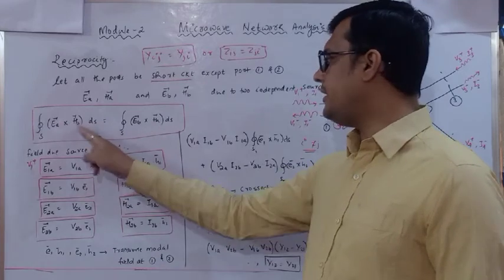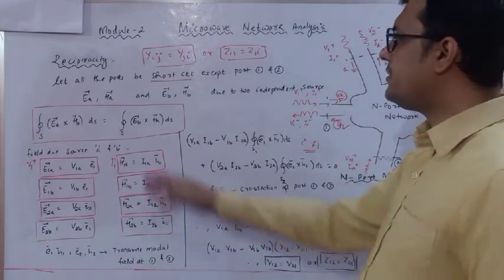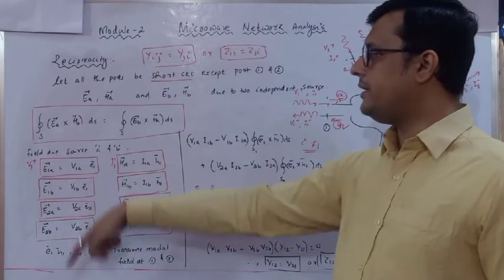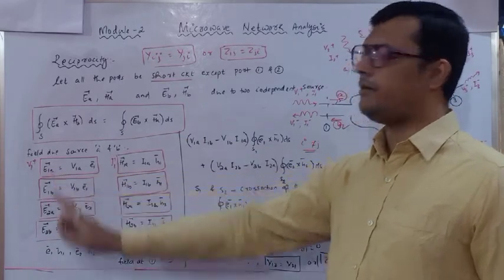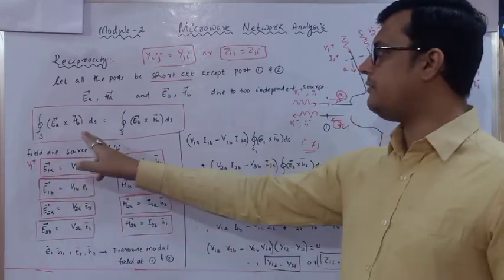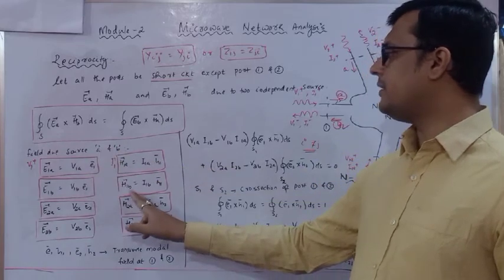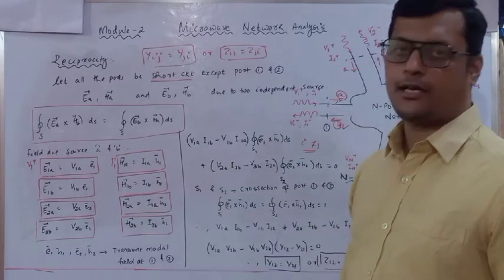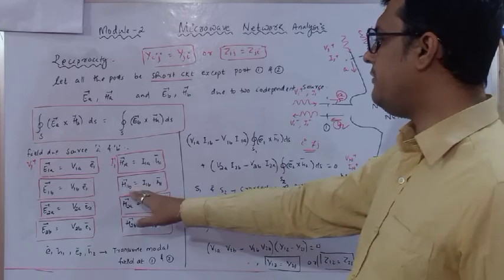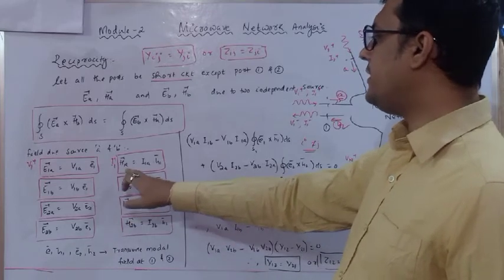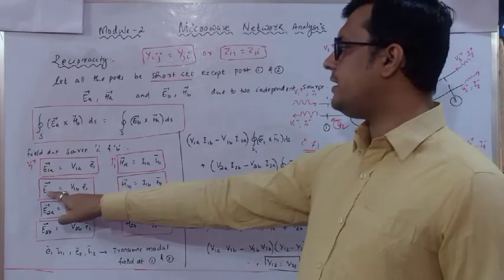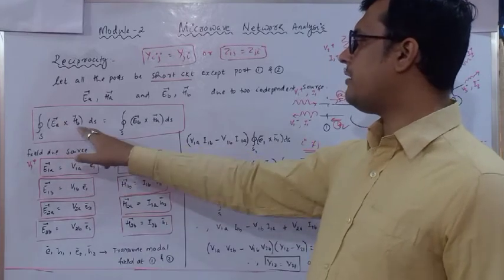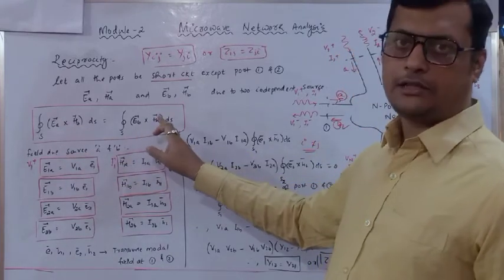Now here, if you substitute EA, it is V1A into e1. What is HB? HB is reflected current, so reflected current with respect to H1B. So EA cross HB, EB cross HA.